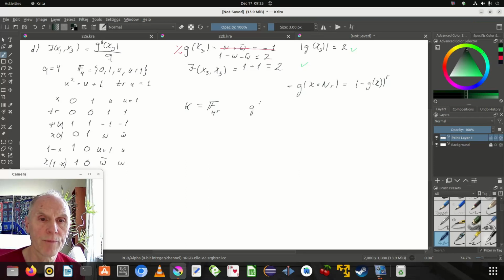So g of, and that's the one we need, equals minus chi of g of chi here equals 2, so that's minus 2, to the rth.